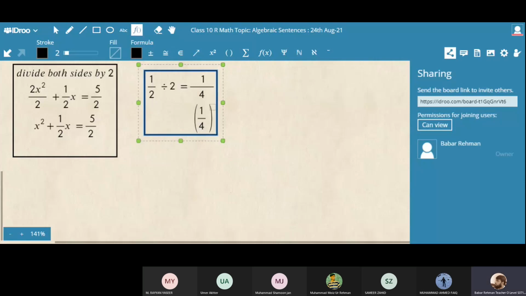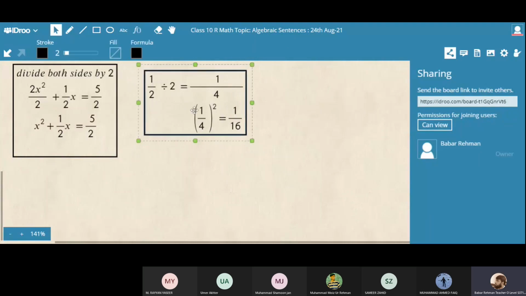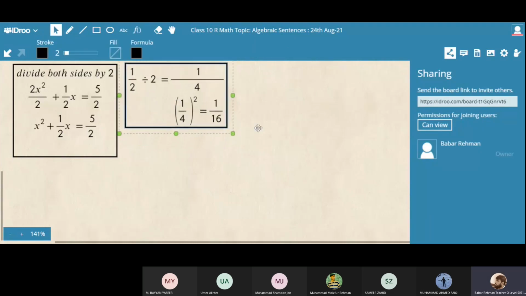Now if you get the square of it, then what will be our answer? 1 upon 16. So dear student, this is our next step, that this 1 upon 16 should be added on both sides. So what will I write now?